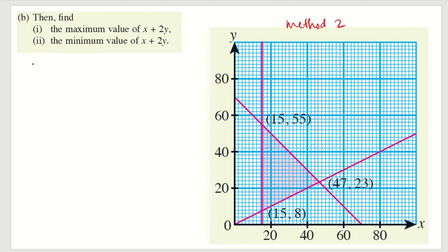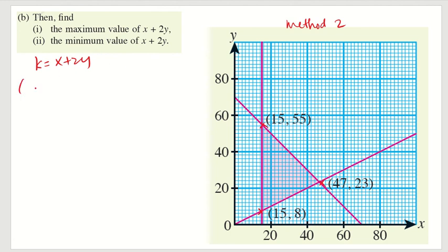Method 2 is, okay, you already have your k. K is x plus 2y. K is the value. We want to determine whether it's maximum or minimum. Okay, so now we don't use the previous method. We don't draw the line. No need. What you need to do is, you have these three points, right? I substitute all the values in these three points. Okay, the easiest method.